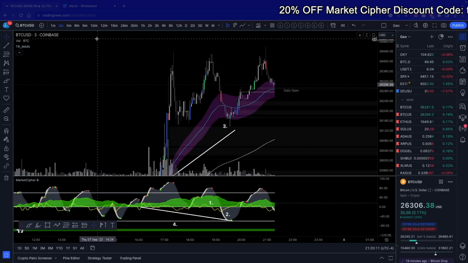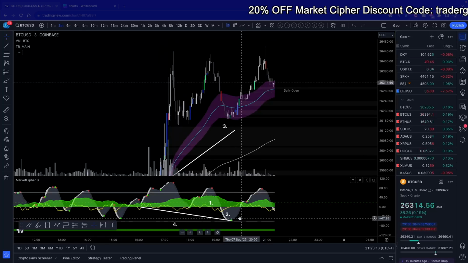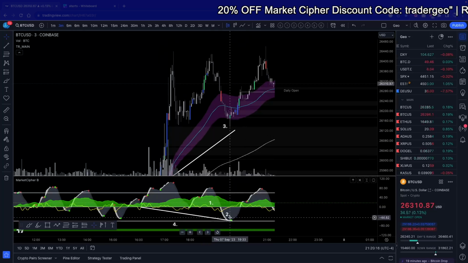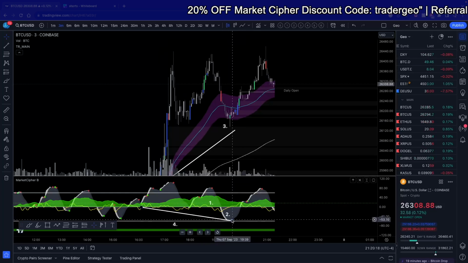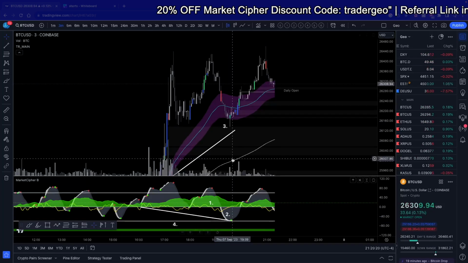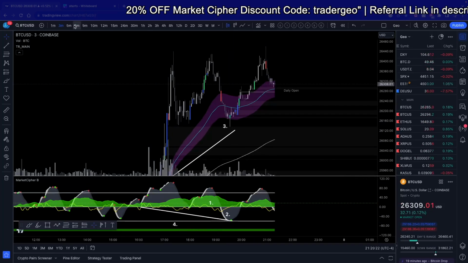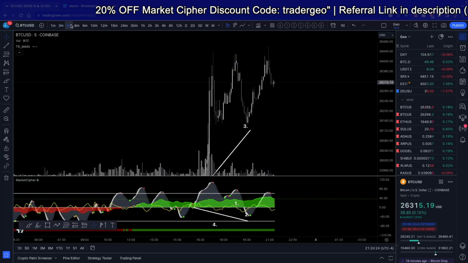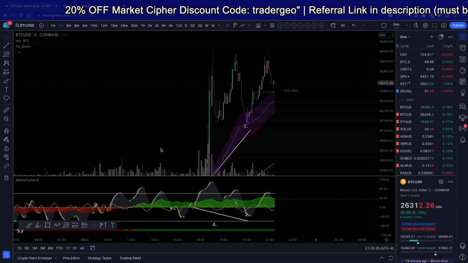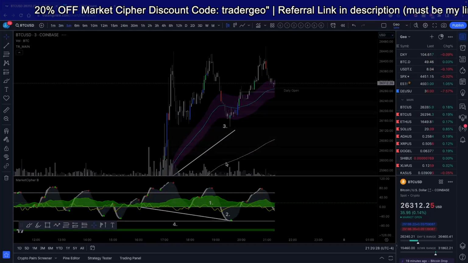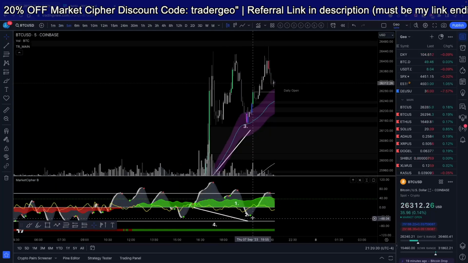Now, a couple of things I want to mention here. If your 3-minute, for example, cheat sheet entry fails you, where you get a green dot, you might enter, you might get stopped out, and then it gives you a red dot, move to a higher term time frame, okay? Because if your 3-minute failed you, the 5-minute could still have very thick money flow, and you could have entered.